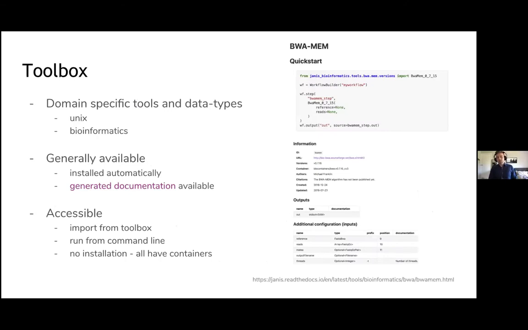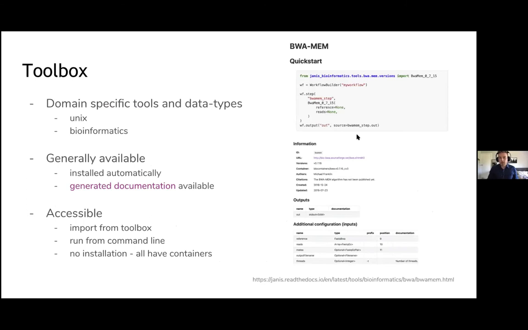So the toolbox of Janis is a very powerful feature that we've got first-class support for. It's a set of domain-specific tools and data types. And currently we have Unix and bioinformatics tools. These are generally available, so installed automatically, and there's generated documentation immediately available.